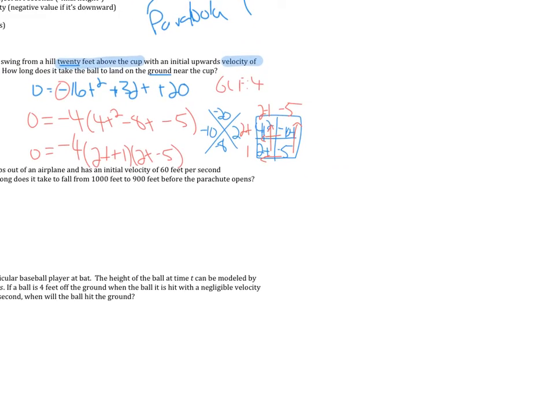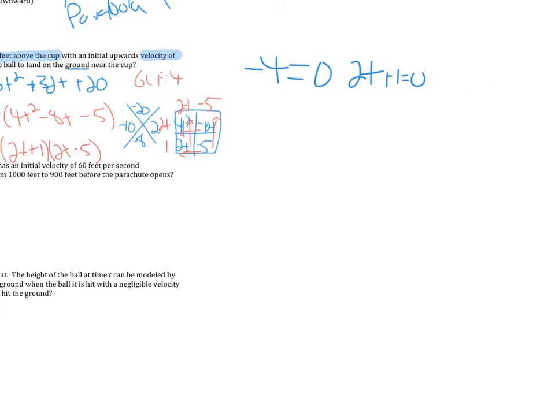Now to solve, we're going to take each of those and set them equal to 0. So we get -4 is equal to 0. 2t plus 1 is equal to 0. And then 2t minus 5 is equal to 0. Well, -4 will never equal 0, so that does nothing for us.